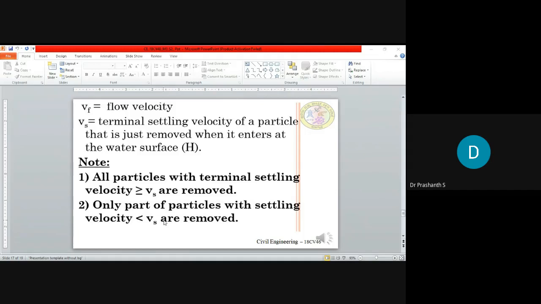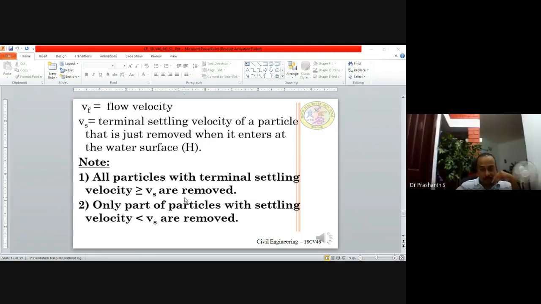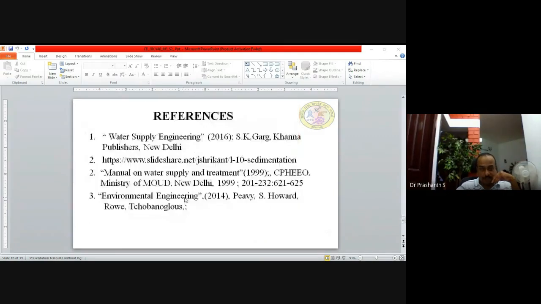This is the advantage here: even very fine particles with small settling velocity are partially removed in the rectangular sedimentation tank.